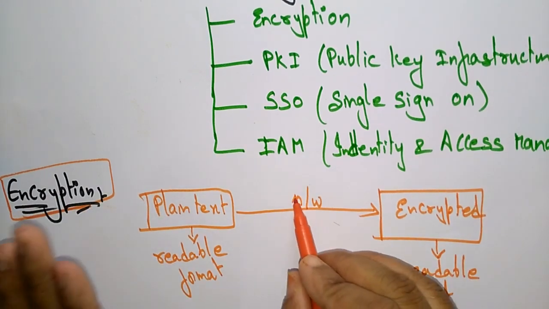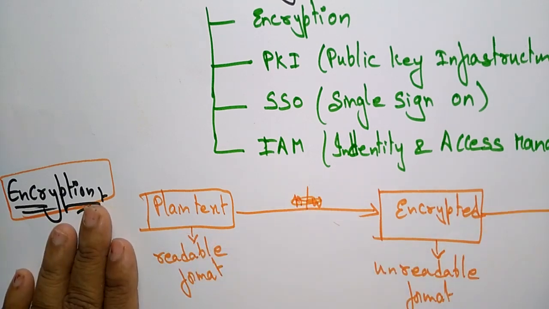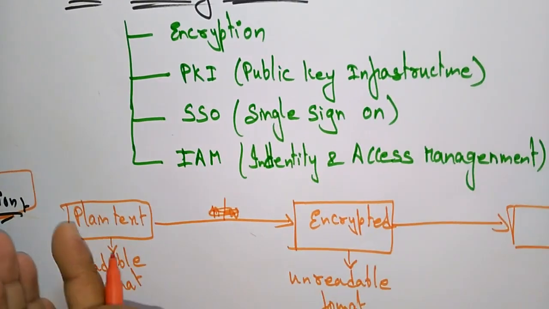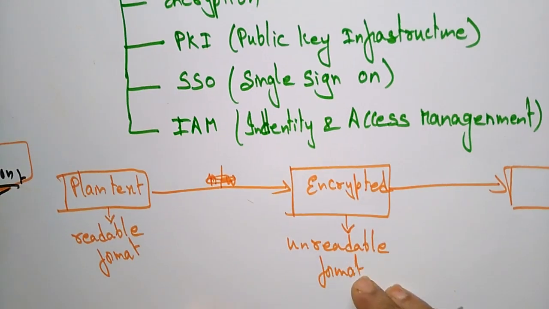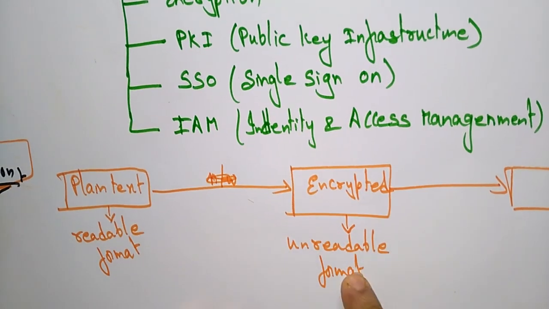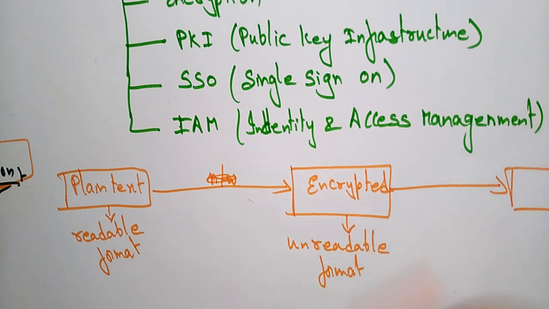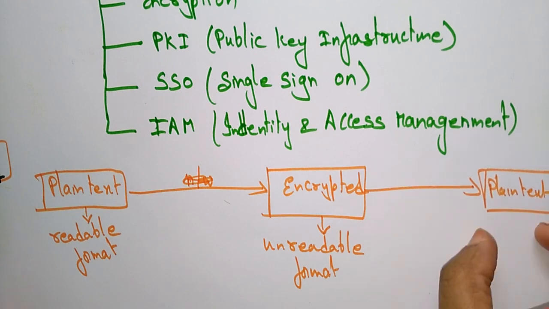Encrypted data is always in unreadable format, whereas plain text is in readable format. If you want to transfer the data from one place to another confidentially, first convert the plain text to encrypted form by using the encryption mechanism, which encodes the plain text data into a protected and unreadable format. At the end, the plain text will be received, which is in readable format.